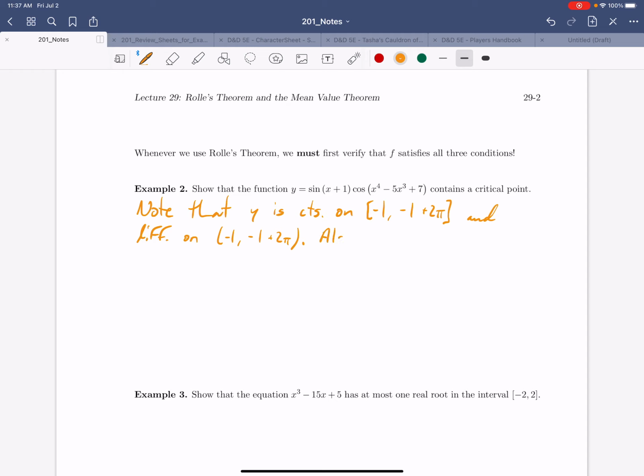Now, here's the more important part. Also, I'll say y of -1 equals 0. Do you see that? Because sine of -1 plus 1 is sine of 0, and that's 0. But that's also equal to y of -1 plus 2 pi, because that's sine of 2 pi, which is also 0.